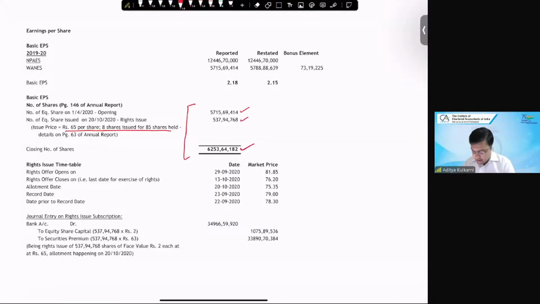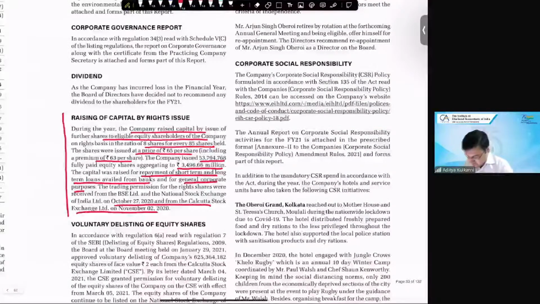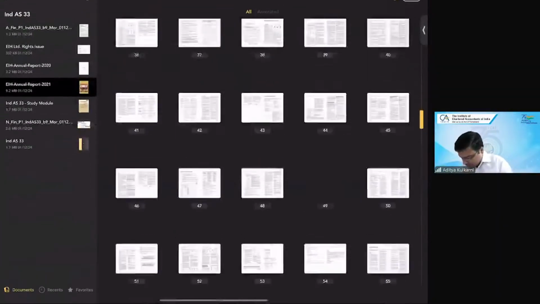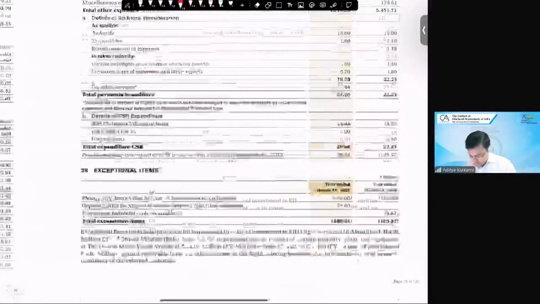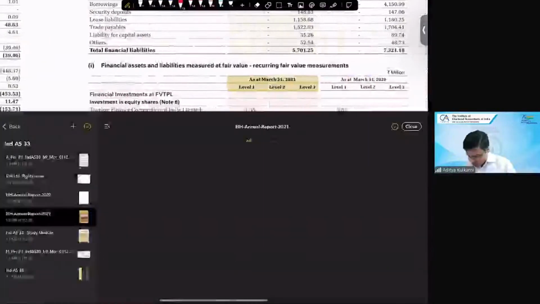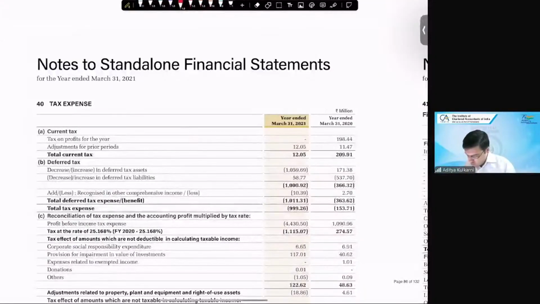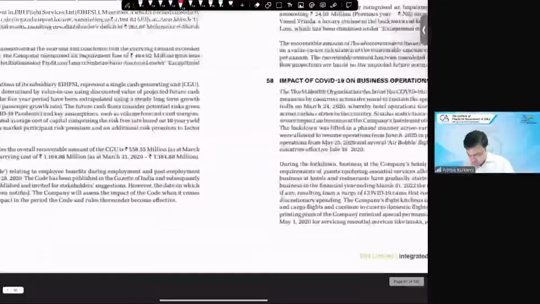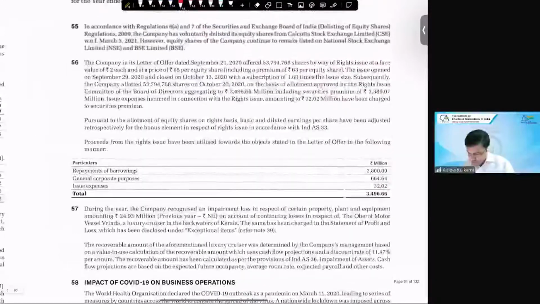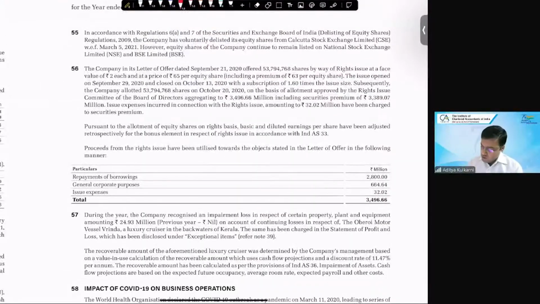So now let us come to note number 56. I had spoken about it, where did it go? I will have to find note number 56. Okay. Note number 56. Look at this date.